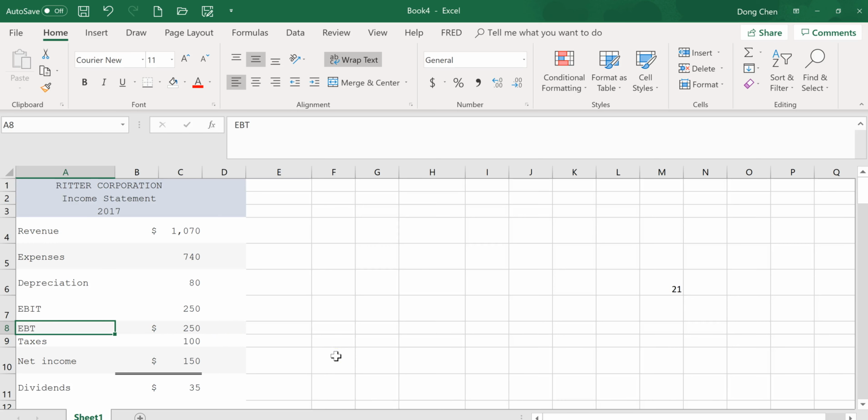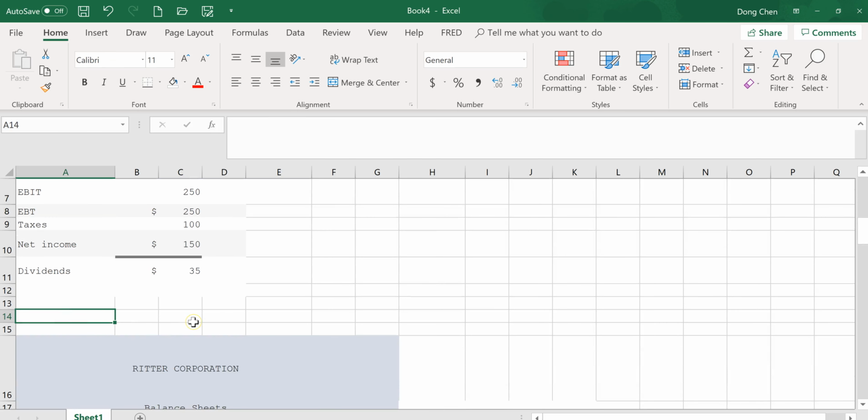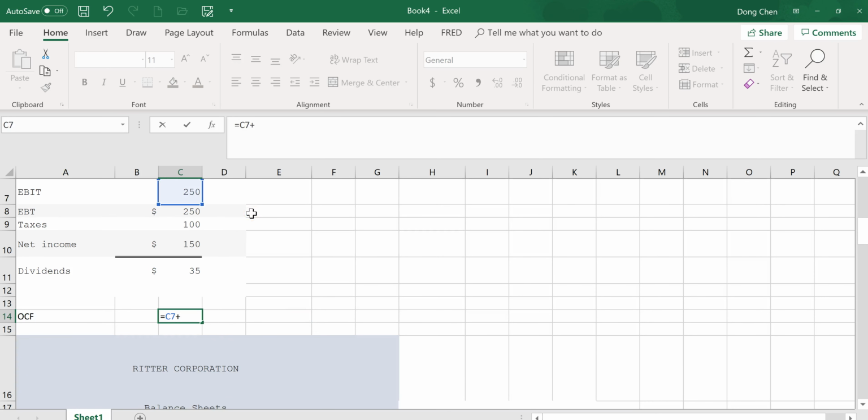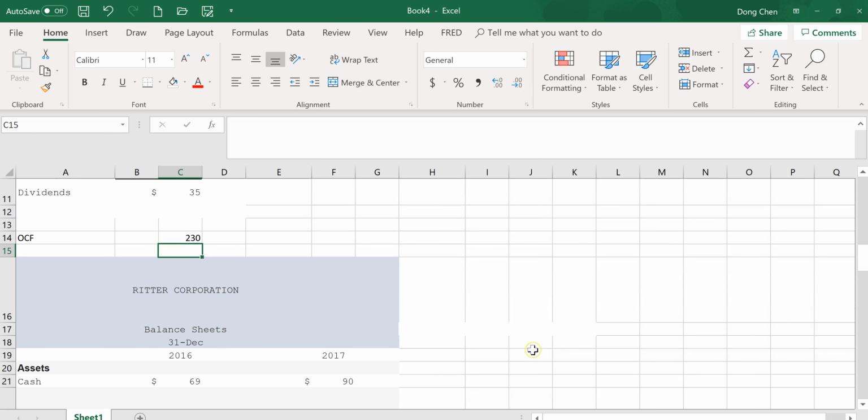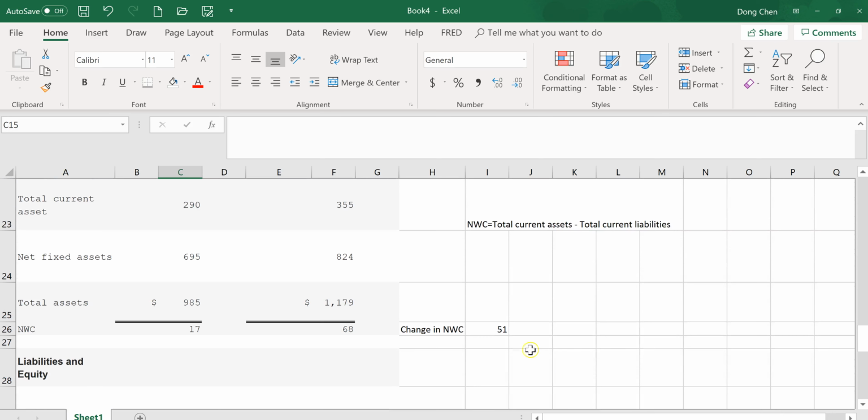So then to get operating cash flow, we know that this equals EBIT, and then we add back the depreciation, and then we deduct the taxes. So that's OCF. And for the net fixed assets, here we can get the net capital spending.